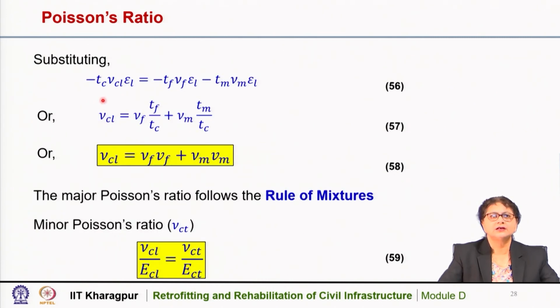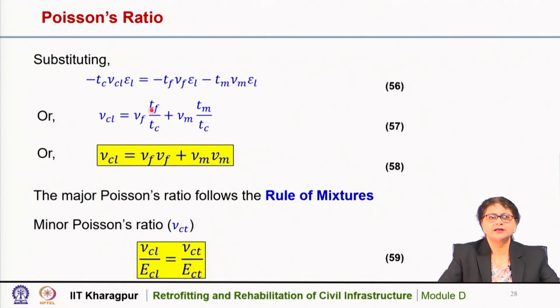What we get? Minus T c into nu CL, which is the Poisson's ratio, into epsilon L is equal to minus T f into nu f into epsilon L minus T m into nu m into epsilon L. So, we get nu CL, which is the major Poisson's ratio, is equal to nu f into T f by T c plus nu m into T m by T c.